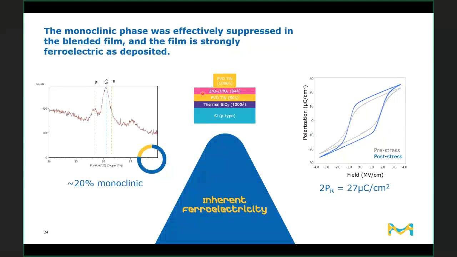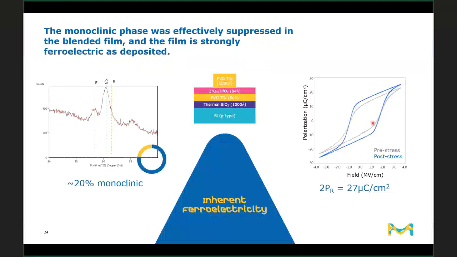So we did physical characterization of this material first, and as expected, using these particular growth conditions, we were actually able to substantially suppress the monoclinic phase of this film, constraining it to no more than 20% of the crystalline fraction of the material. And interestingly, even though we didn't anneal this film at all, we were able to get very strong ferroelectric performance.